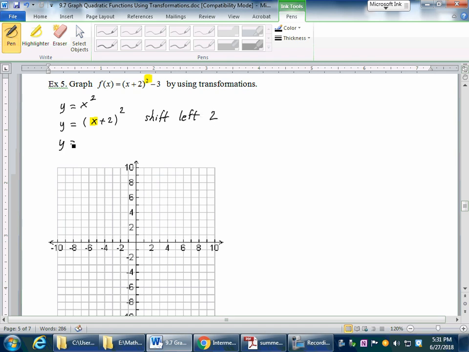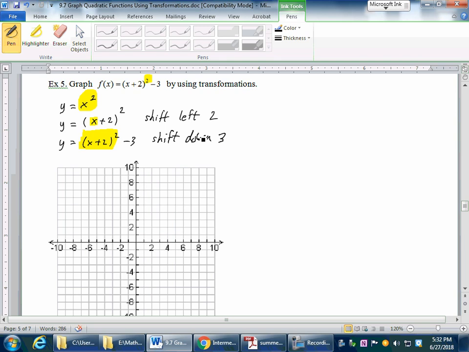And then finally, x plus 2 squared minus 3: you are subtracting from this squared part, which is my y part, right? See that? My y is what? x squared. So since you are subtracting, it will shift down 3 units.